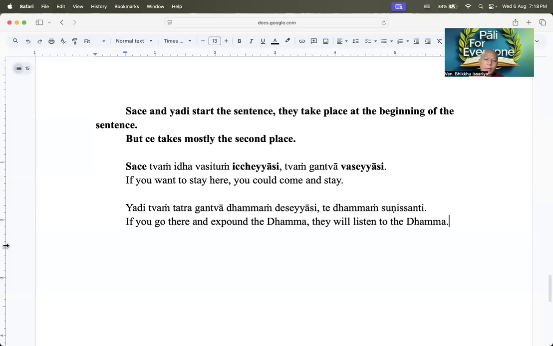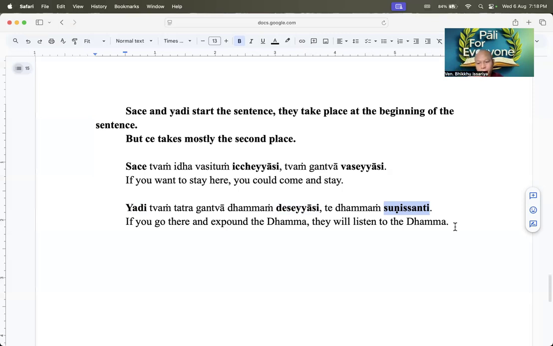So in this way also it can be. Here yeti is at the very beginning of the sentence, but here desiyasi, and here sunesandi, future tense, also can be.